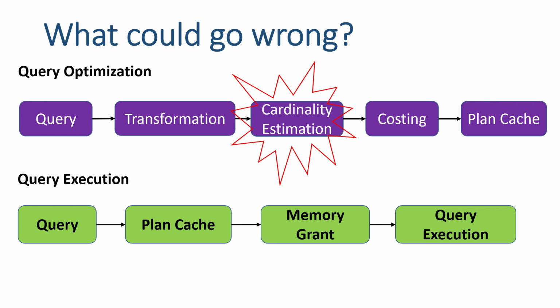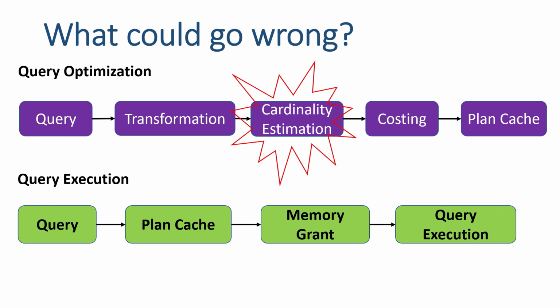In that scenario, those equivalent query trees that got generated will also be wrong based upon these wrong cardinality estimates. And on each of those query trees, the cost will also be suspect, right? The cost will also be wrong, eventually causing a non-optimal plan to be saved inside the plan cache.